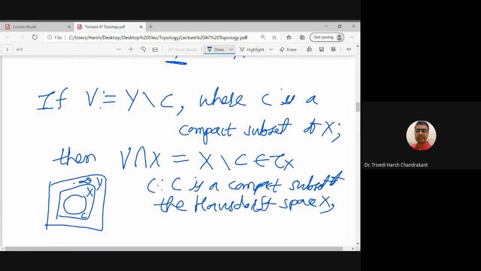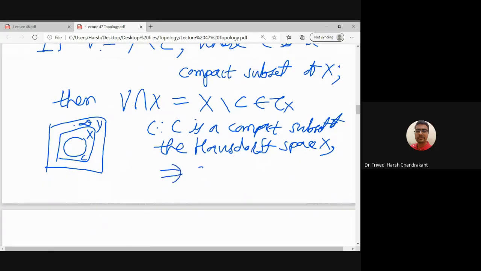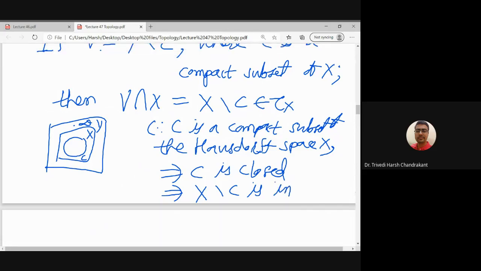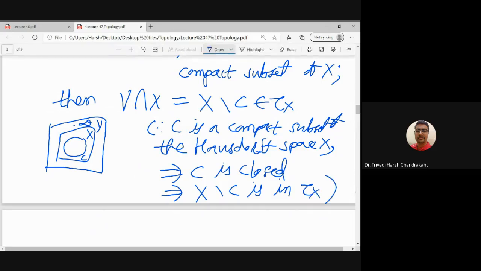So C is closed, and once again we are using that C is closed, then X minus C is open. It is open in X, so that means basically it is in tau X. Right.